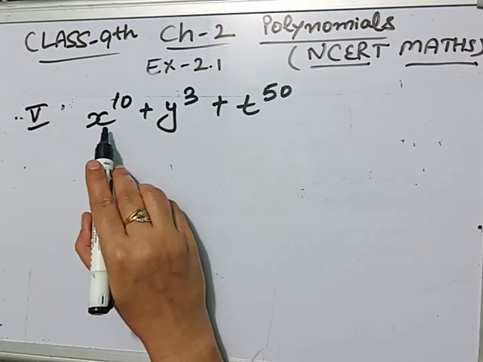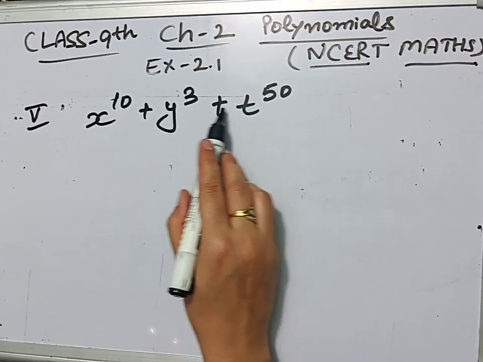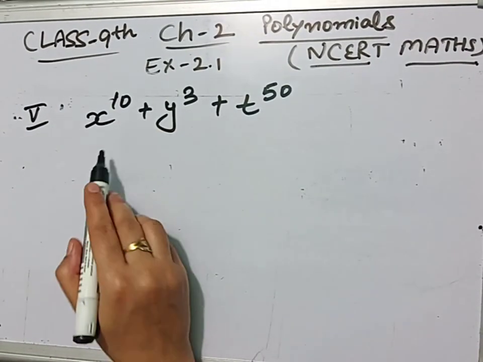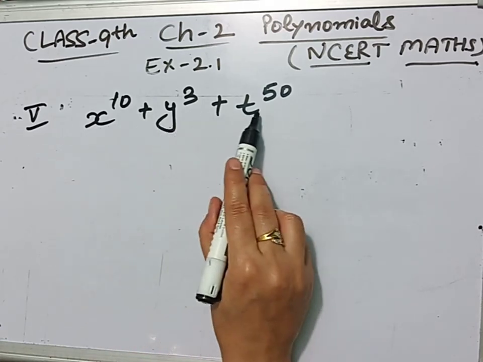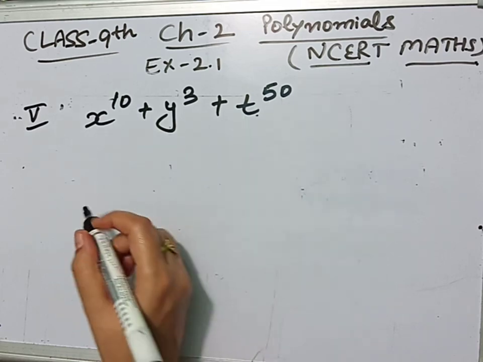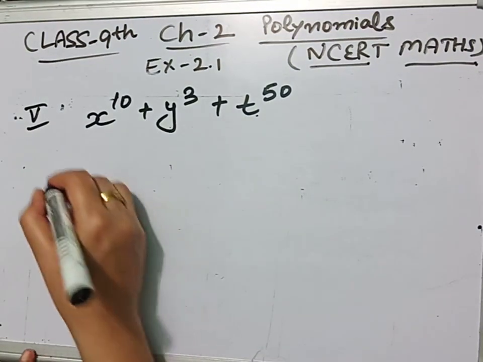Fifth part is x raised to power 10 plus y3 plus t raised to power 50. Now you can see, very easy question. There are three variables, x, y and t. So it is not a polynomial in one variable.